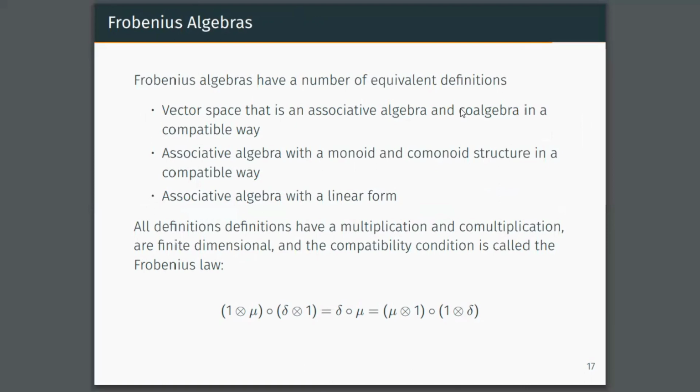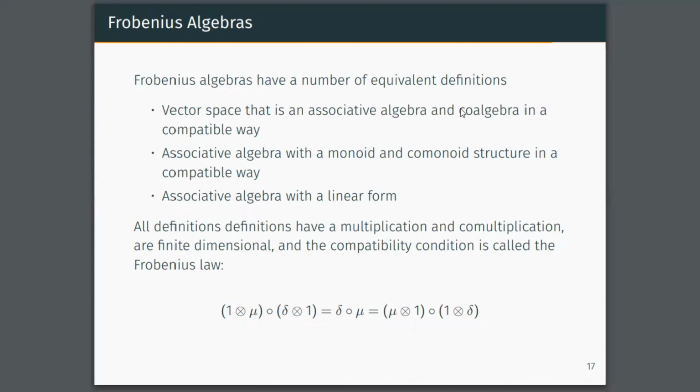There's a couple of definitions of this. We have a vector space that's an associative algebra and co-algebra in a compatible way, and compatible is doing a lot of the heavy lifting here. We have an associative algebra with a monoid and comonoid structure in a compatible way.